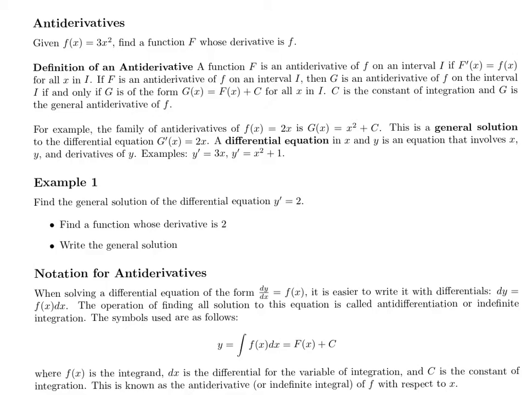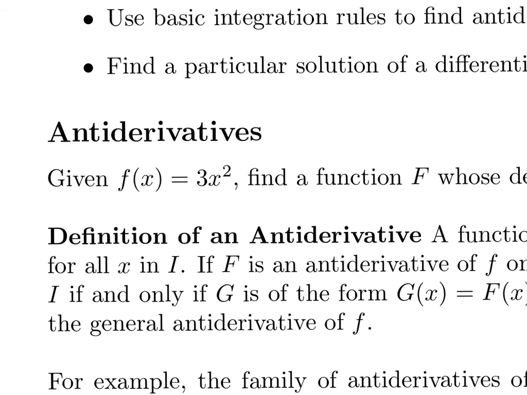Take a look at this first function: f of x equals 3x squared. Can you name a function whose derivative is 3x squared? What function has a derivative that is 3x squared? X cubed. That's it. X to the third. It's the same thing.